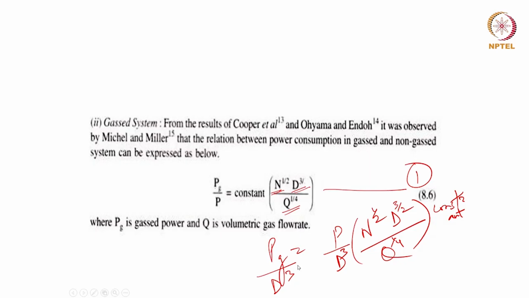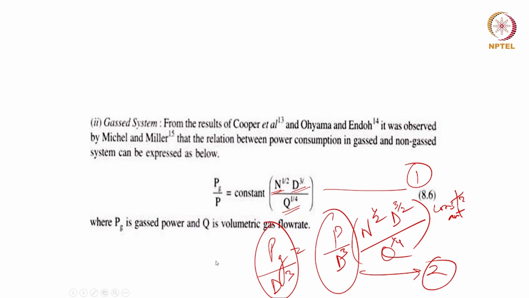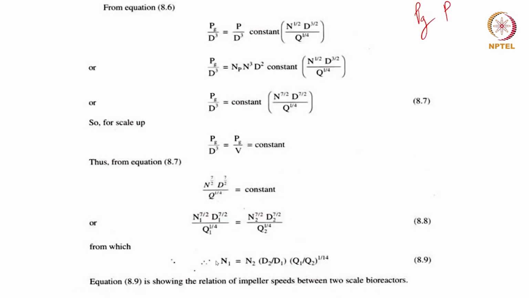So the same equation 1 can be written as equation 2 as I have written here. Now this P by V and this Pg by V, we know now this P by V can be given in terms of the power number. So your power number was what?